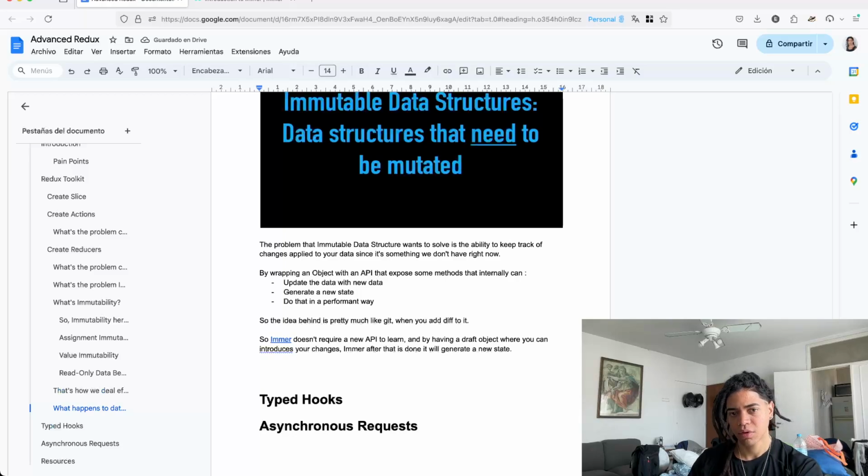So Immer uses Object.freeze to achieve immutability. Structura, but I think with Structura you are going beyond.